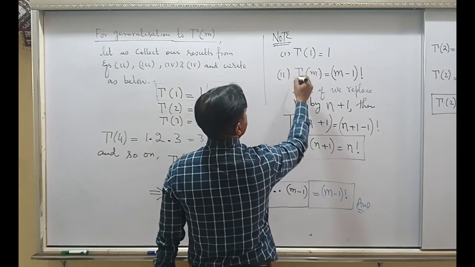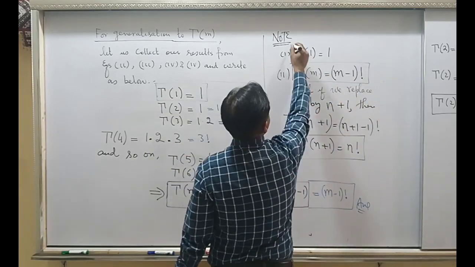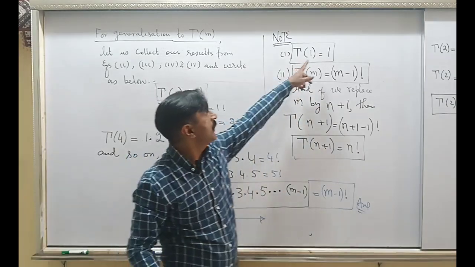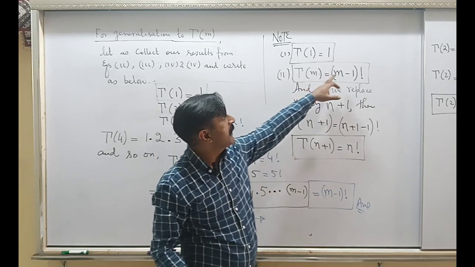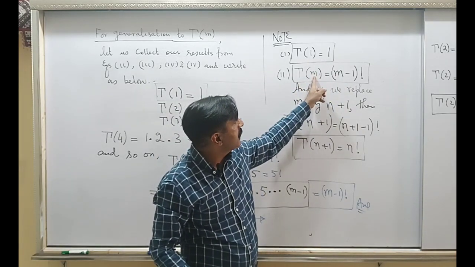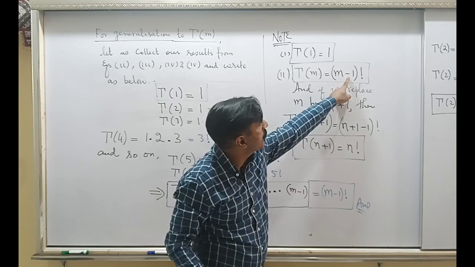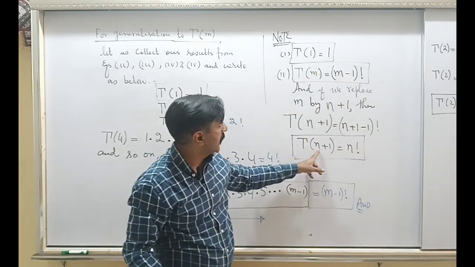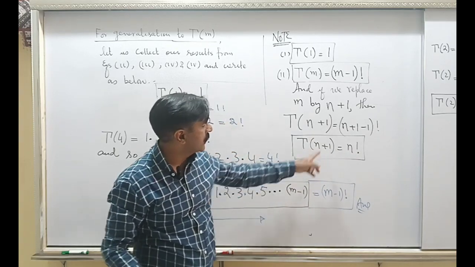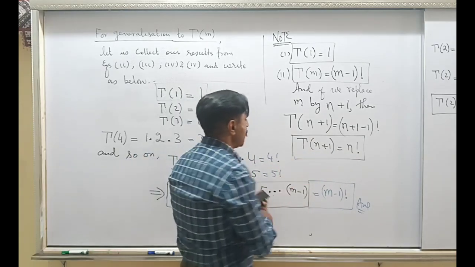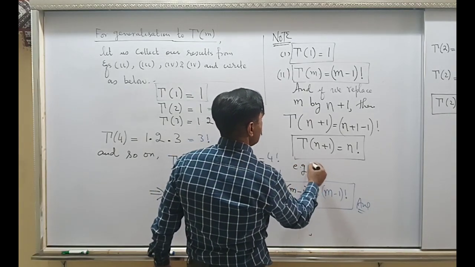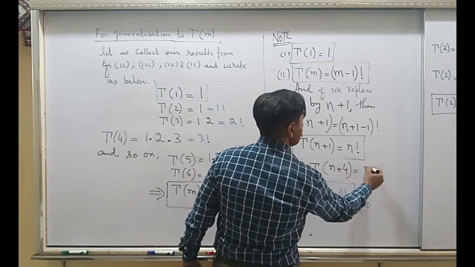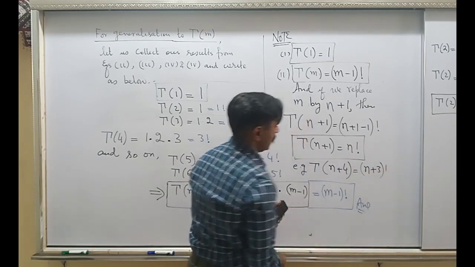You should remember these 3 boxes. Never forget these 3 results. Gamma 1 is equal to 1. Gamma m is m minus 1 factorial, meaning whatever is in the argument, the factorial is of the number 1 less than this m. And gamma n plus 1 is n factorial. For example, if you have gamma n plus 4, it will be n plus 3 factorial.